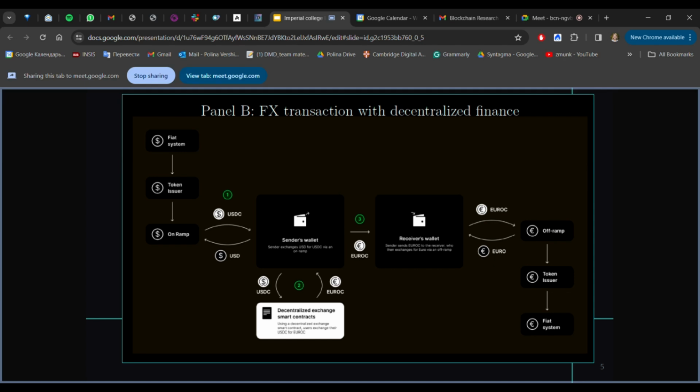And honestly, in my experience, it doesn't even have to be the receiver's wallet. So here we see two wallets involved in the transaction.